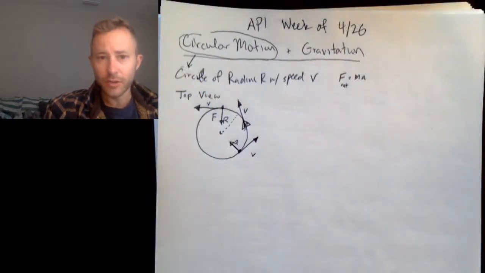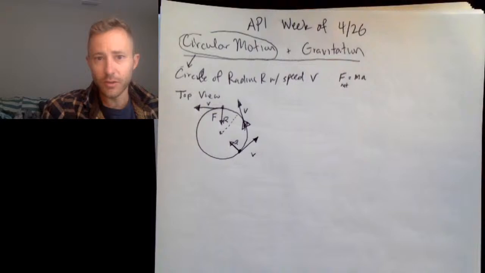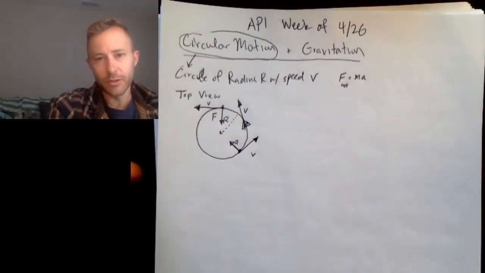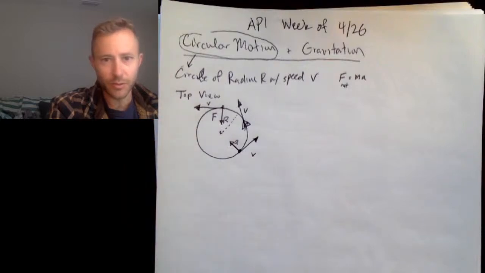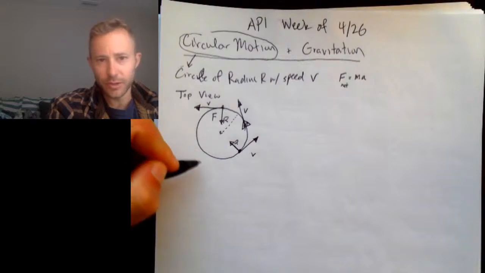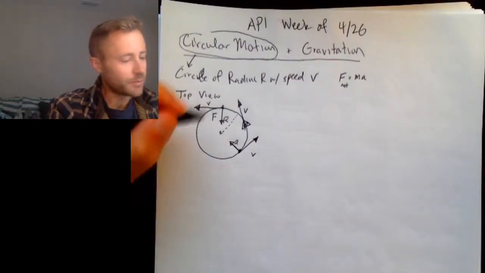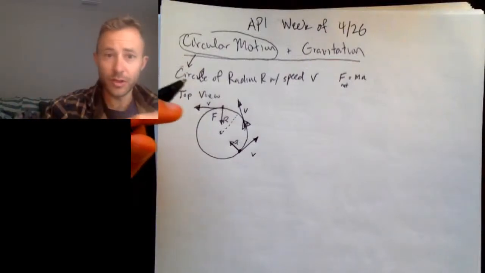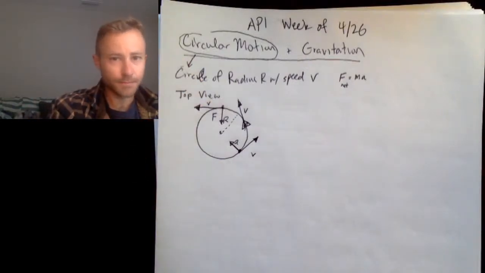So that's called the centripetal force. The force that is pointing towards the center, that is making you go in a circle, is called the centripetal force. So notice how this force has to change directions as you travel around the circle, because depending on where you are, the direction to the center changes.